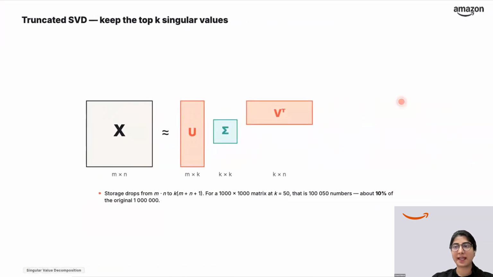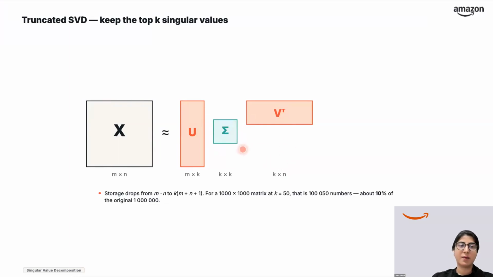So in the SVD, we have factorized this M cross N matrix with a U, which is M cross M, and a V, which is N cross N. But we don't need all the info. The higher the singular value is, the more information it contains about that basis. So we can take the top k singular values and discard the rest.